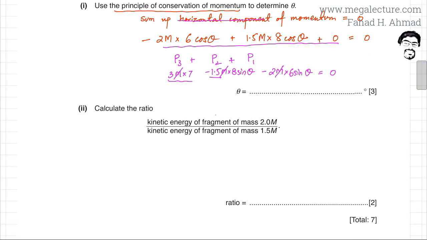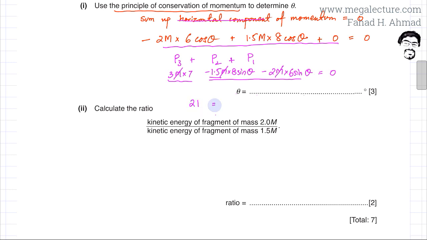Actually, let me make a few corrections. I think I got that wrong. It's minus 1.5 multiplied by 8. So if I get this entire term on the other side, it's going to become positive. So it's 3 into 7, which is 21.